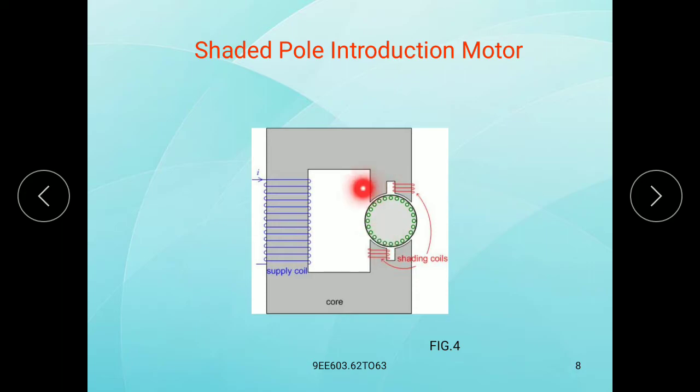This is the unshaded portion, and this is also an unshaded portion. This is the stator winding supply coil. This one is the core.